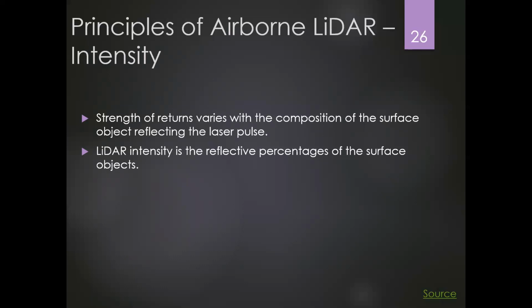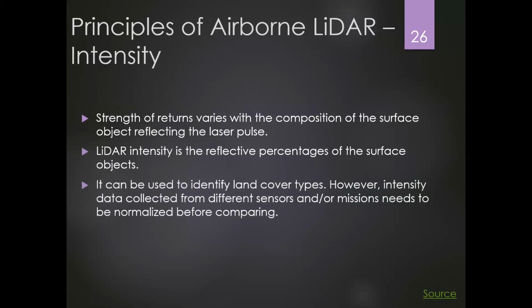LiDAR intensity is the reflective percentages of the surface objects. It can be used to identify land cover types because some of the land cover types, they reflect a lot of energy. Some of them reflect only a little bit. So according to different reflectance, we can guess the specific land cover type that reflected this signal, this return.